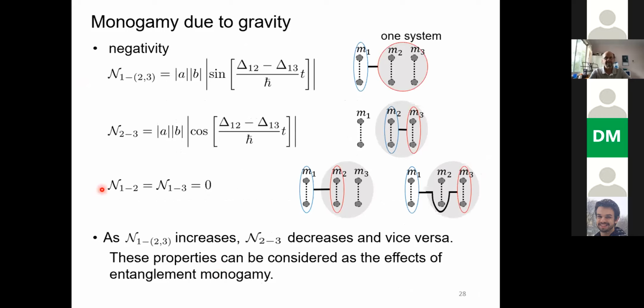It can be seen that the negativity between the first particle and the composite system of the second and third particles, N1-23, increases. The negativity between the second and the third particles decreases, and vice versa. These properties can be considered as the effect of entanglement monogamy.